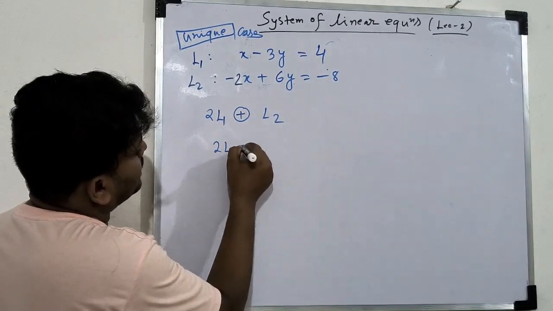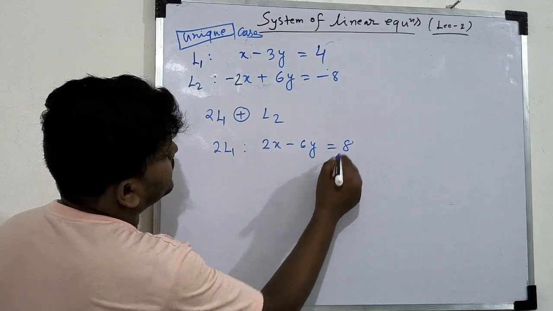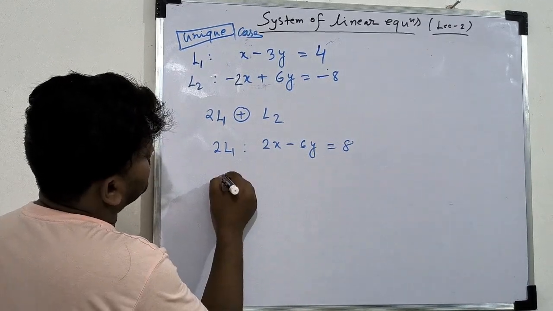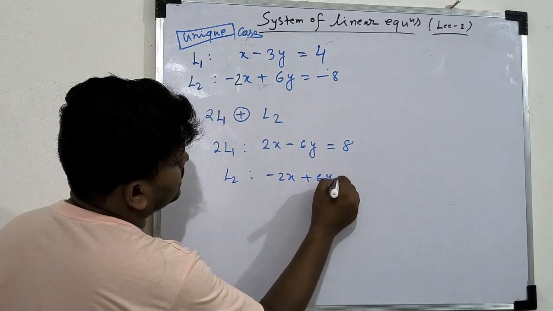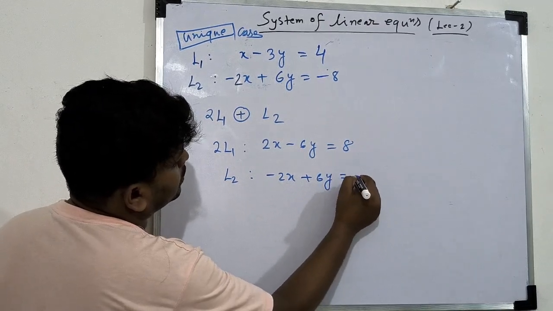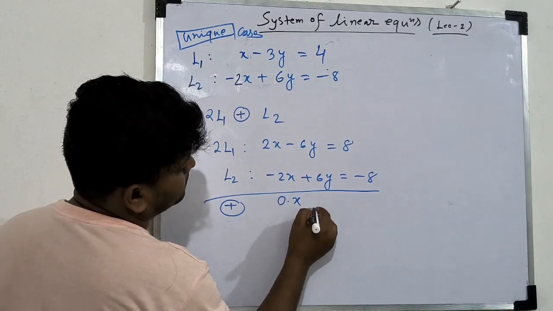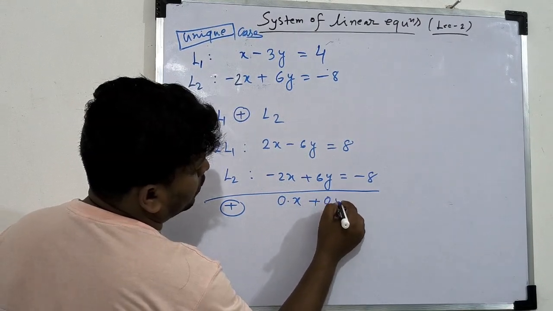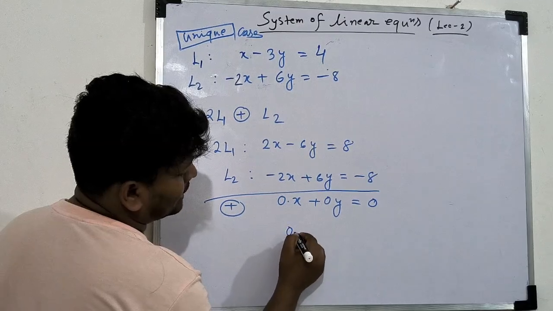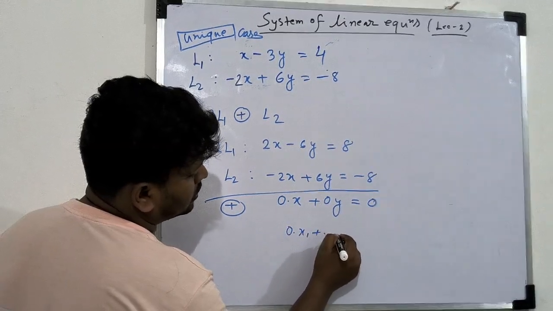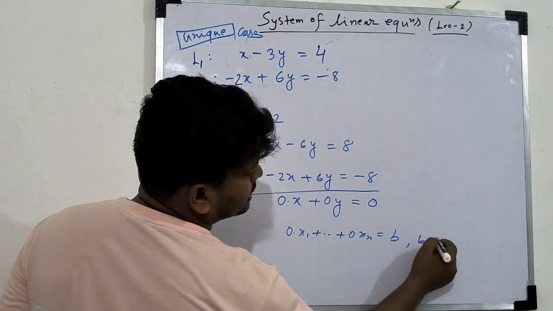That is, 2L1 will be 2x minus 6y equal to 8, and L2 is the same, that is 2x plus 6y equal to minus 8. So if you add, this will be 0x, this will be 0y, and this will be 0. So this is like x1 plus dot dot dot plus 0xn equal to b, where b is 0.